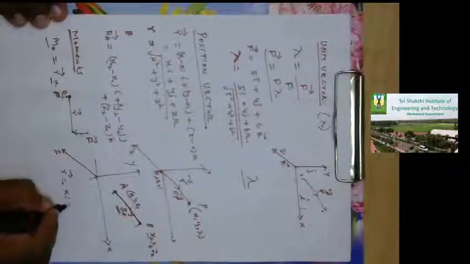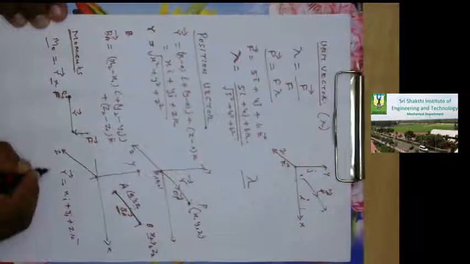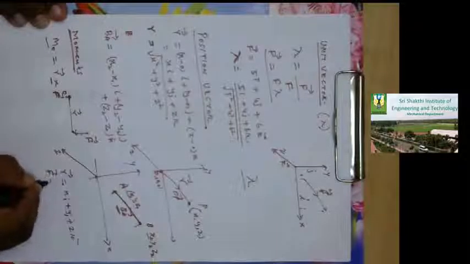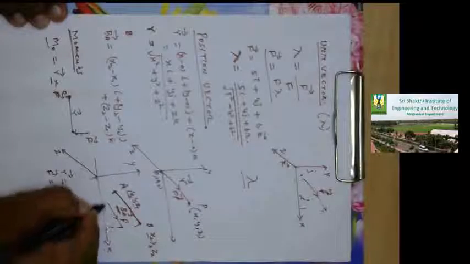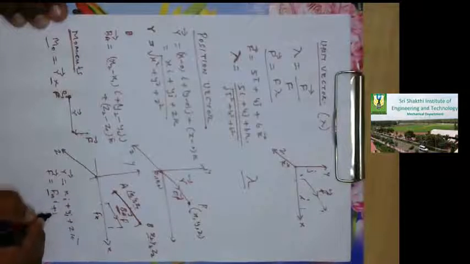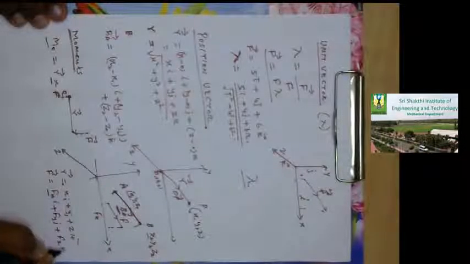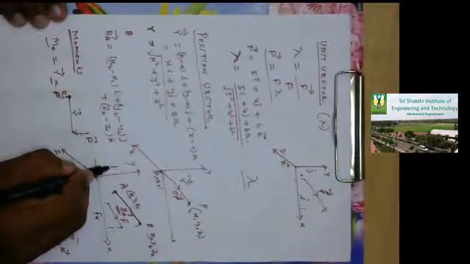As you know very well, this r is represented by xi plus yj plus zk, and this F vector I can represent by Fx i plus Fy j plus Fz k. Say I'm having a force F vector here; its value along the x-axis gives me my Fx, this one is my Fy and this is my Fz for any vector F. So the corresponding i, j and k into Fx, Fy and Fz will give you the F vector.